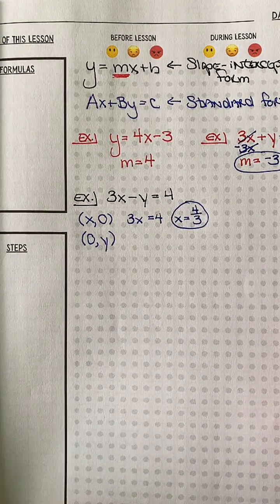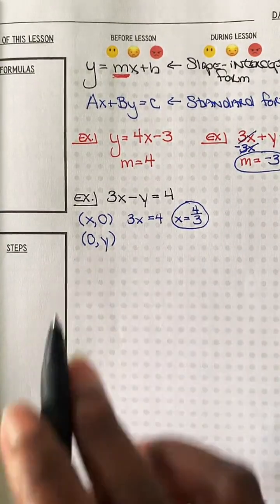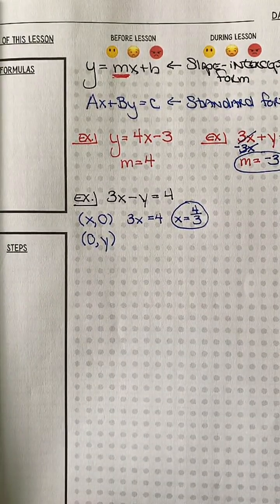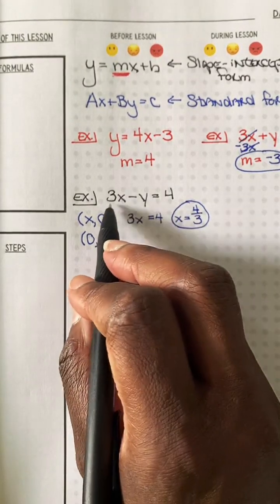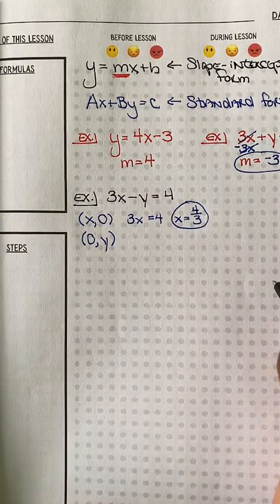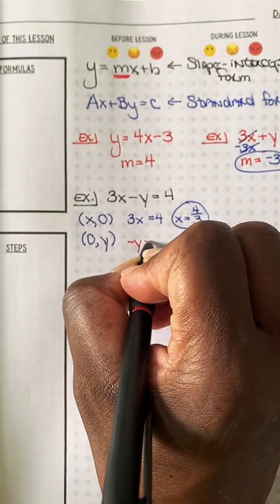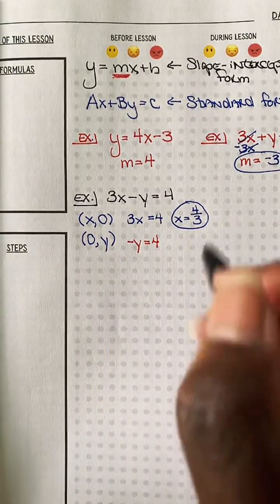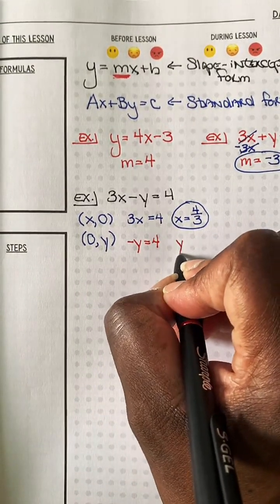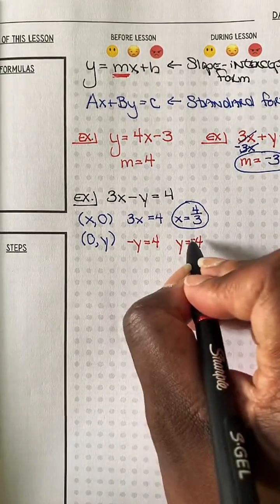If I plug in a 0 for x, anything times 0 is 0, so you have negative y is equal to 4. But we don't want to know what negative y is, we want to know what y is, so y is negative 4.